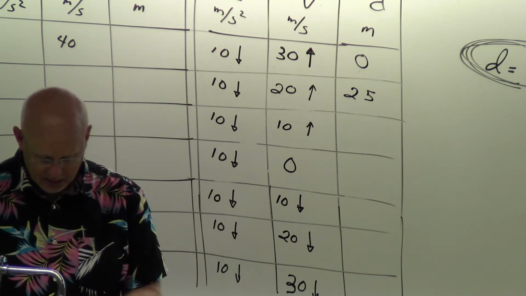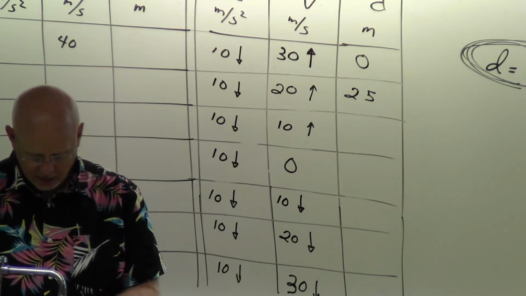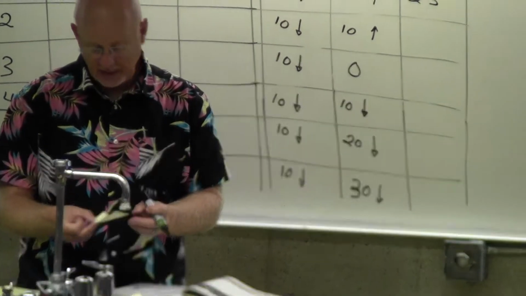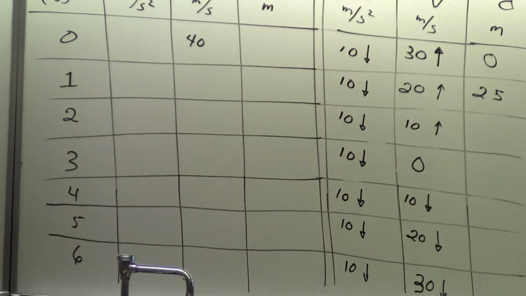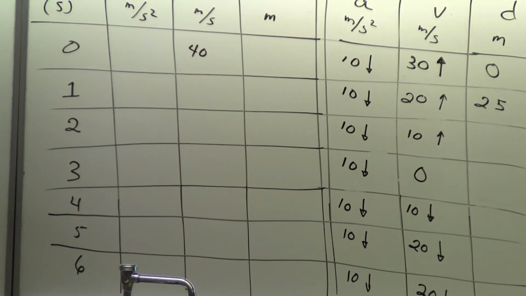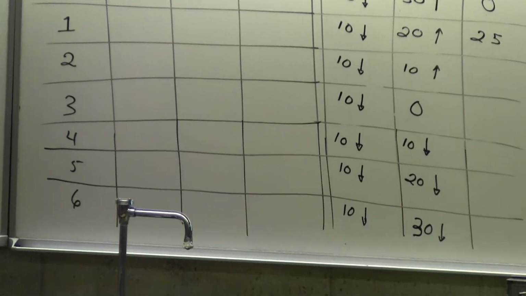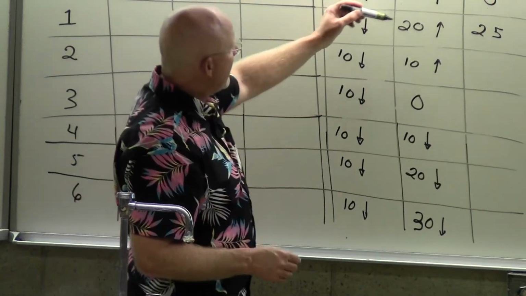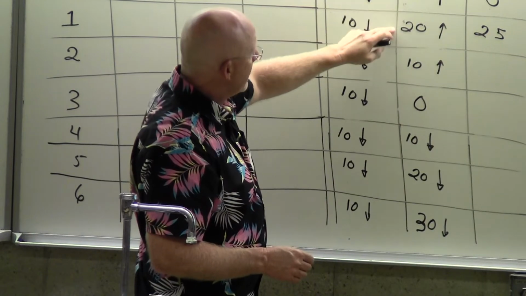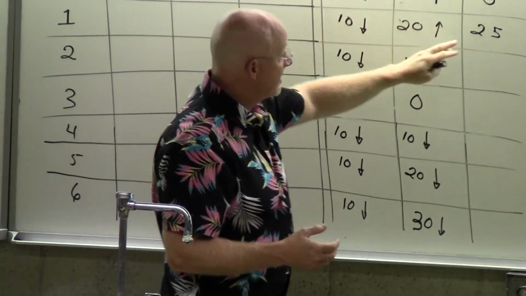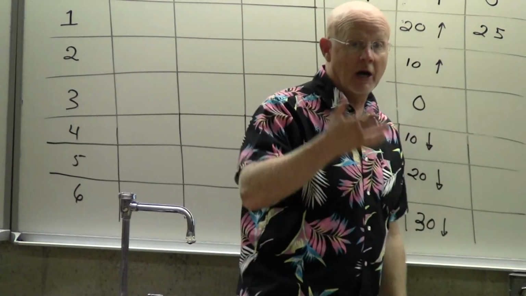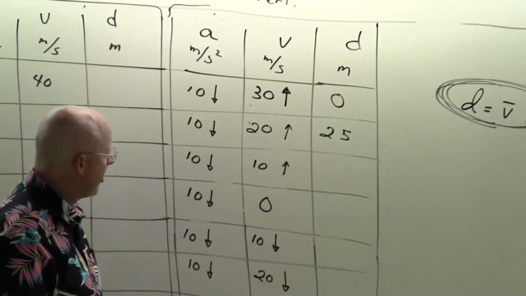I don't know if it was 24 or 26, but one of the ones I did, I didn't do the whole chart because I said that I had done that in the previous videos. But notice that I figured out what the average speed was. So 30 up and 20 up, add them together, that's 50 divided by 2 is 25 for 1 second. This will go 25 up in 1 second.